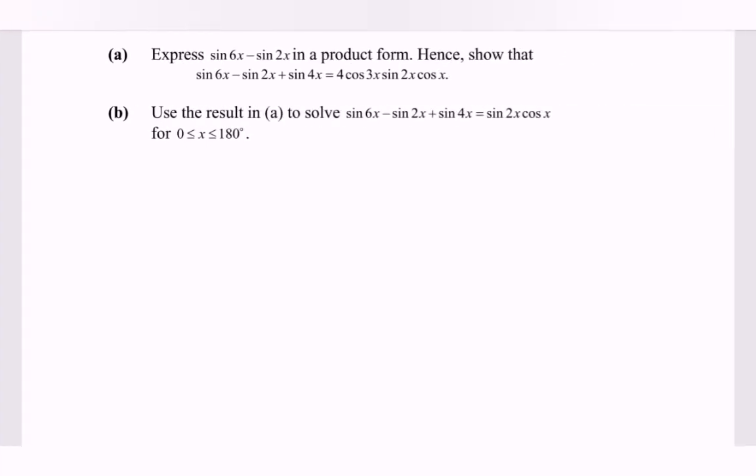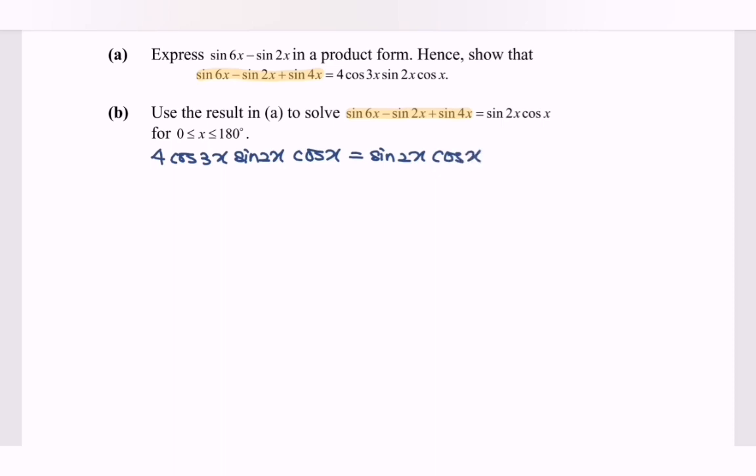As for part B, use the result in A to solve sine 6x minus sine 2x plus sine 4x. And as we can see, here we have the common situation, and we can substitute the situation, meaning that 4 cos 3x sine 2x cos x equals to sine 2x cos x.